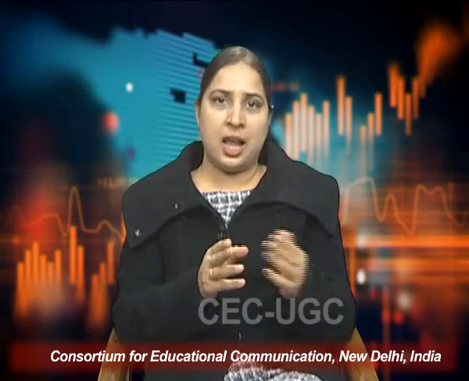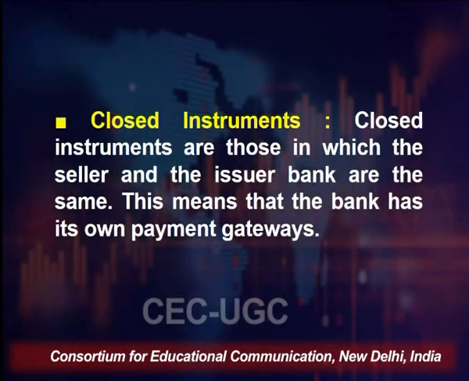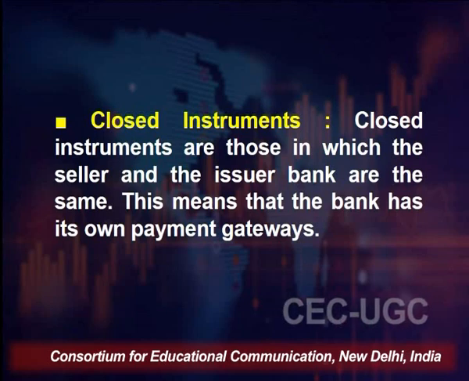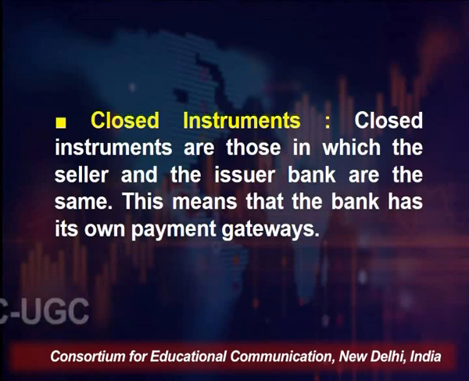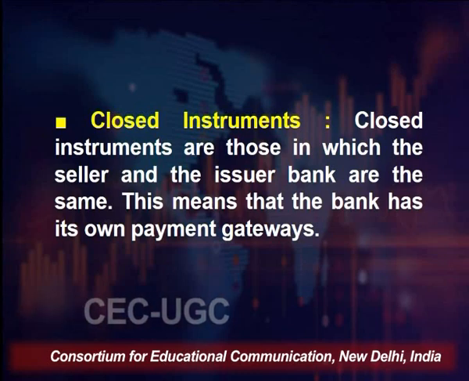So when we are talking about these prepaid instruments, they come into two major categories. They are either closed instruments or semi-closed instruments. When we say closed instruments, these are those in which the seller and the issuer bank are the same. That means the bank itself has its own payment gateway.